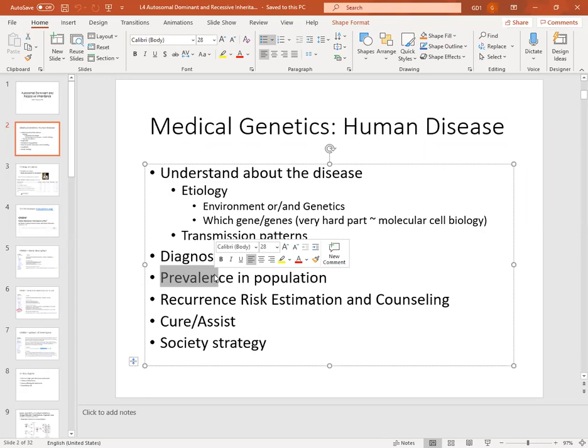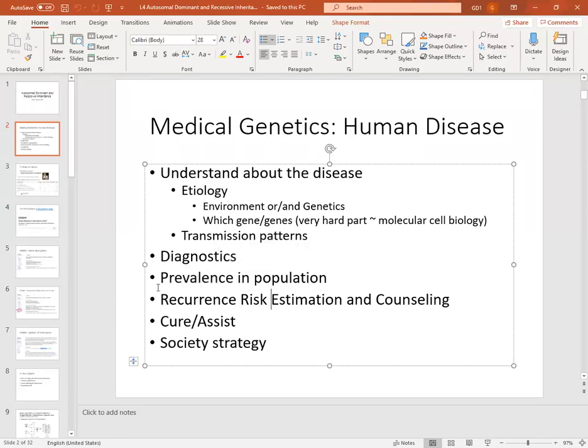For example, if my son or daughter has a boyfriend or girlfriend, I can decide whether they need to check their genetics before marriage, because I don't want my grandchild to have the disease in a serious situation.